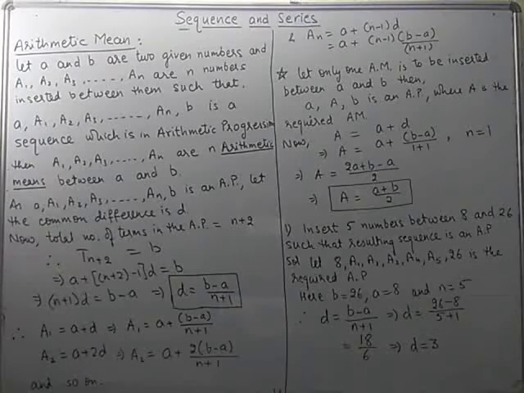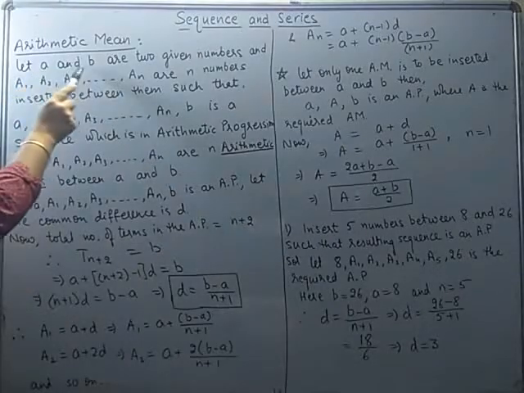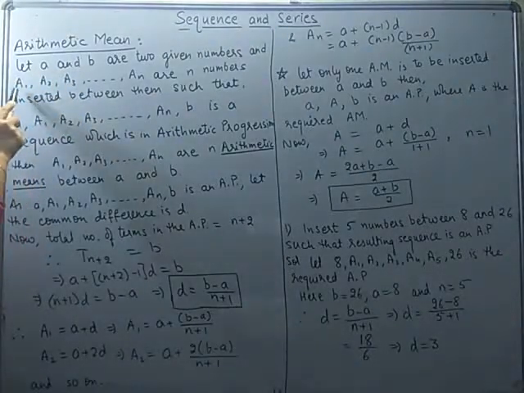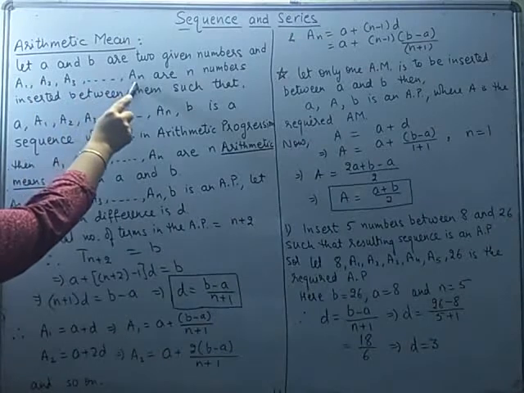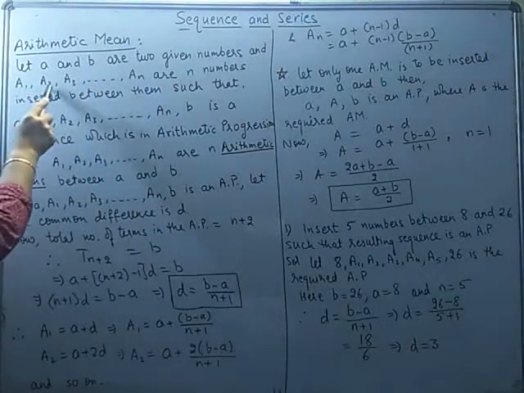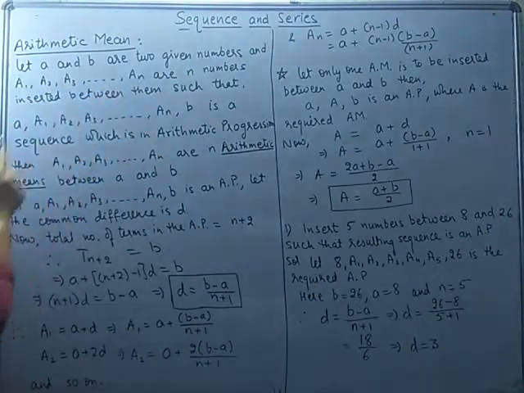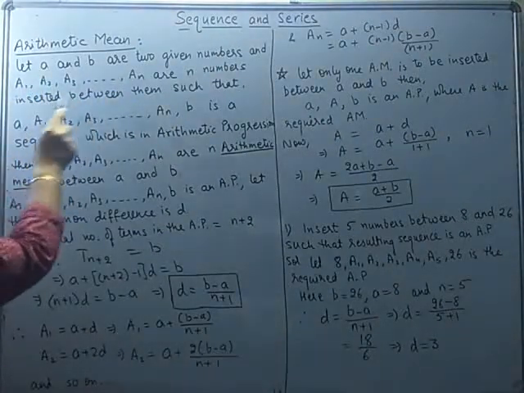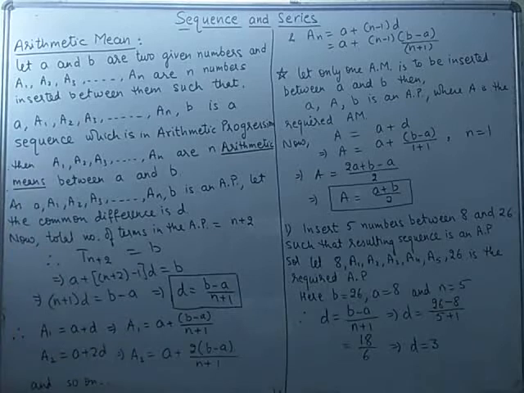Which numbers will be termed as arithmetic means? Suppose you are given two numbers A and B, and these are n numbers, with subscripts 1, 2, 3 till n, which are inserted between them. So between A and B we are going to insert these n numbers.